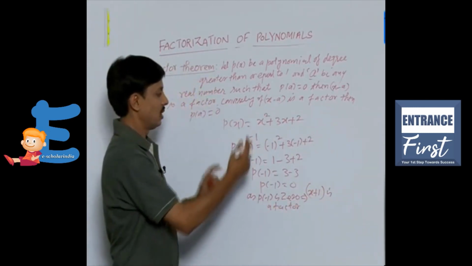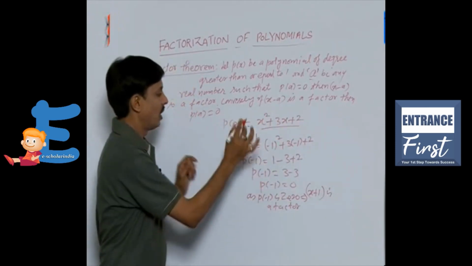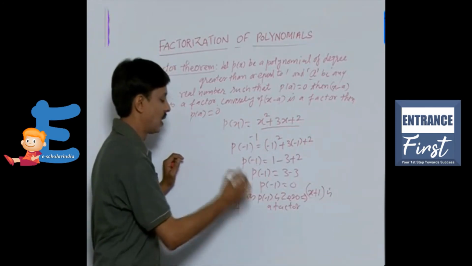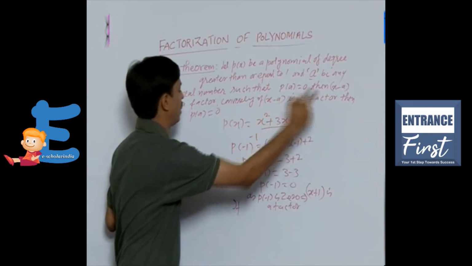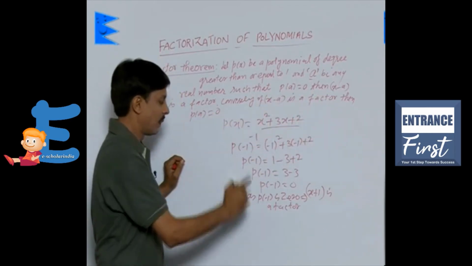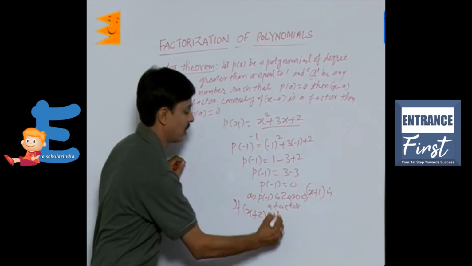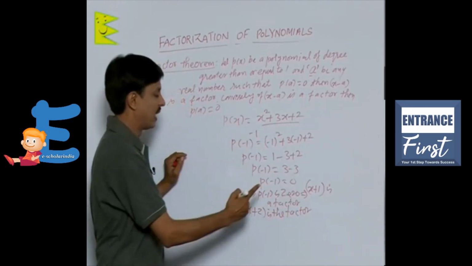Now in the same question, if I ask you that if x plus 2 is its factor, I am taking the converse result. That is, conversely, if x minus a is a factor, then p of a is 0. If x plus 2 is the factor, then what has to be?